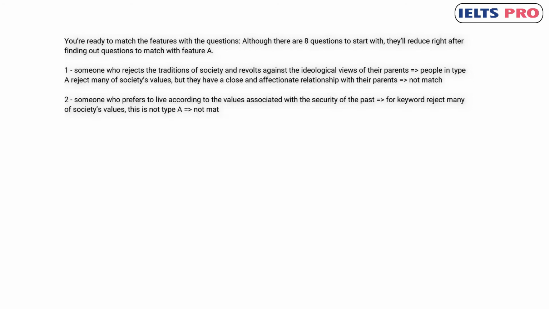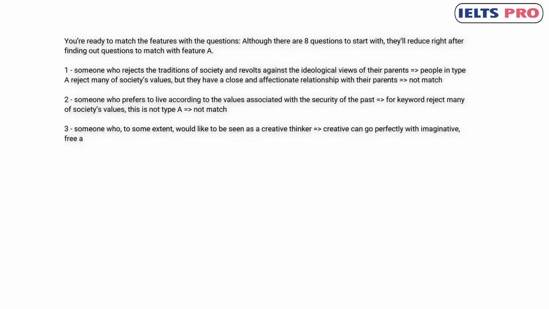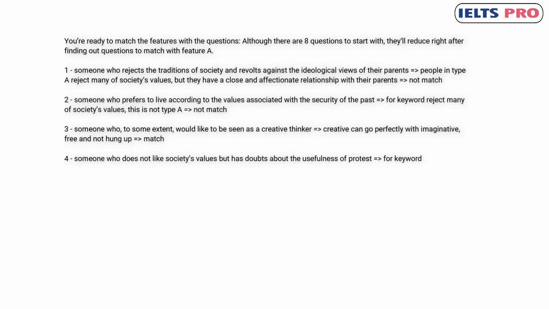3. Someone who, to some extent, would like to be seen as a creative thinker equals creative can go perfectly with imaginative, free and not hung up, so a match. 4. Someone who does not like society's values but has doubts about the usefulness of protest equals, for keyword determined to protest, we can say people in type A believe in protest, so not a match. 5.